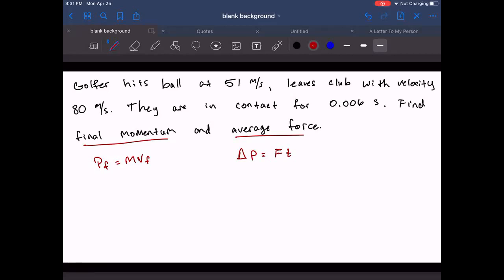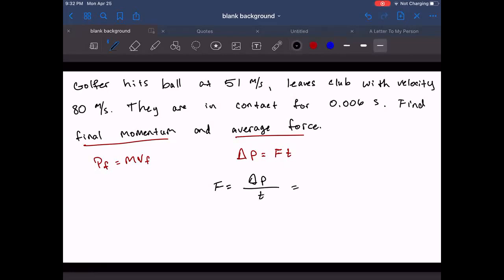And both of these are fairly straightforward. Let's do the easy one first, because we have both these things. I mean, oh, sorry, we don't have the mass. Okay, so we got to solve for the average force first. So delta P equals F times T, or F equals delta P over T. I just solved for F, of course.